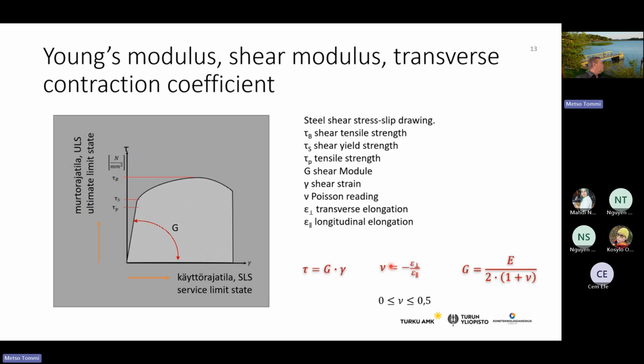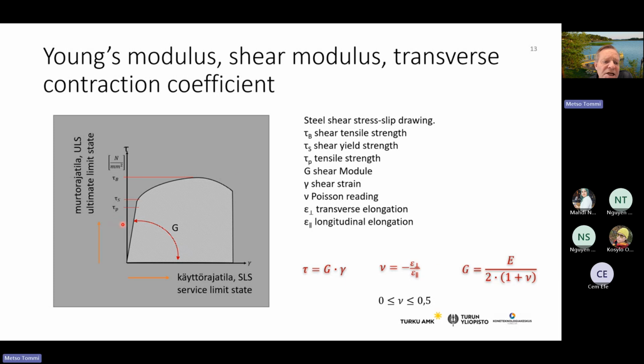We can also draw the same kind of picture for the shear stress. So this is a shear stress limit drawing that you can see.